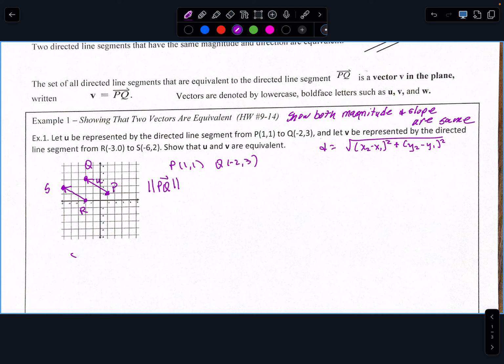So it is your negative 2 minus 1 quantity squared, that's your change in x, plus your change in y quantity squared. Continue to evaluate that. You get negative 3 squared, which is 9, and 2 squared is 4. And that magnitude is the square root of 13.